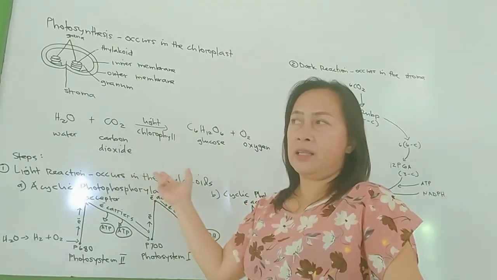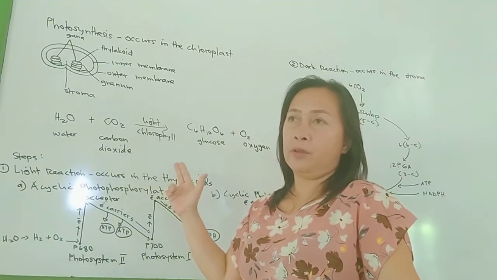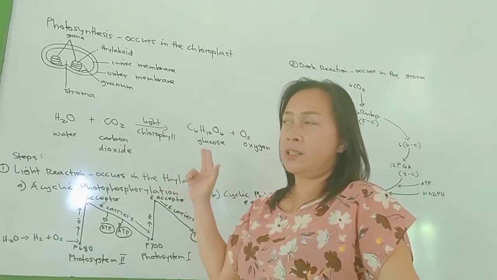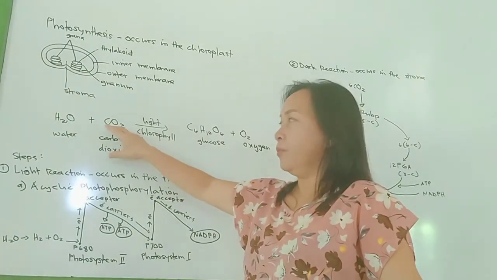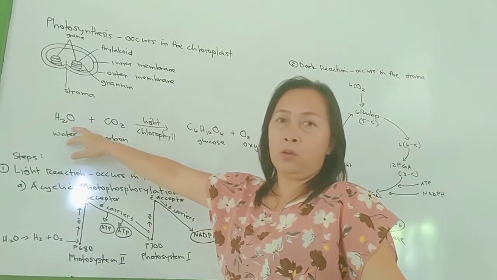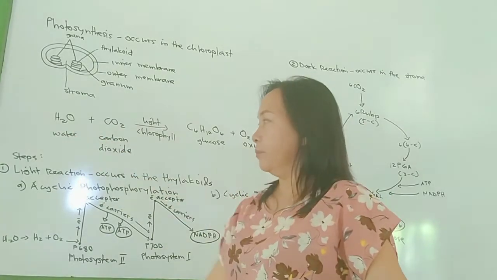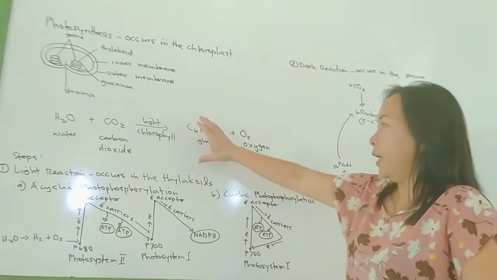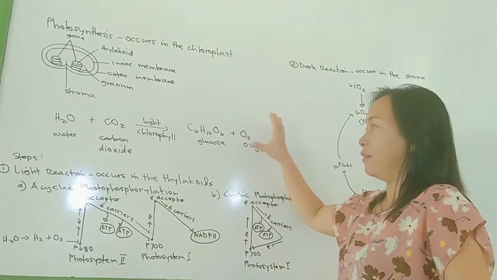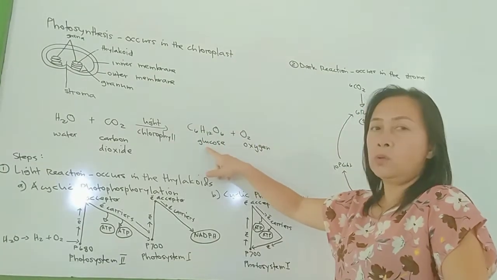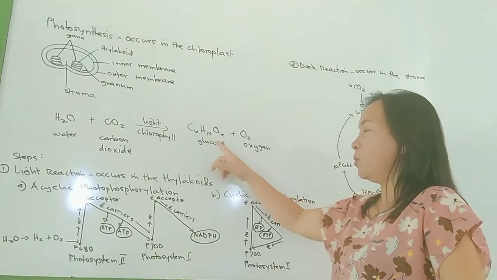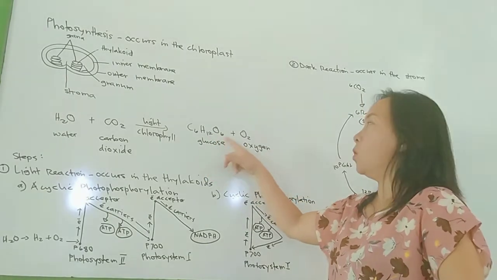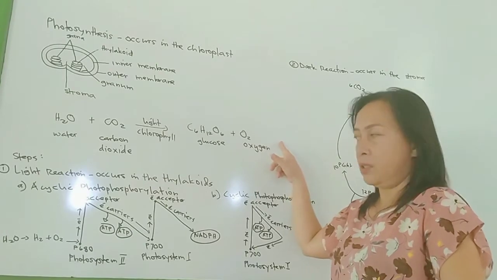Carbon dioxide is a raw material for photosynthesis, but this can be used in the dark reaction, so without light. And water is used with the presence of light. Now, the end products of photosynthesis are glucose and oxygen. So you have C6H12O6, which is glucose, and we have the oxygen.